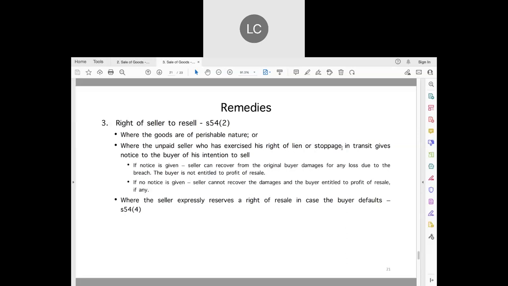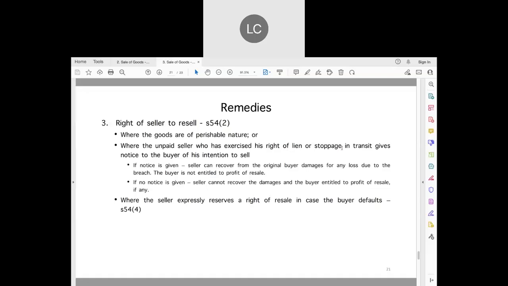Okay, and the third right is the right of the seller to resell. This is a very valuable right given to an unpaid seller after he has exercised his rights of lien or stoppage in transit. So after exercising the right of lien or stoppage in transit, the seller has a right to retain the goods until the buyer pays the price. So if within a reasonable time after the exercise of such a right, the buyer does not pay the price, the unpaid seller may resell them after giving notice to the buyer of his intention to resell.